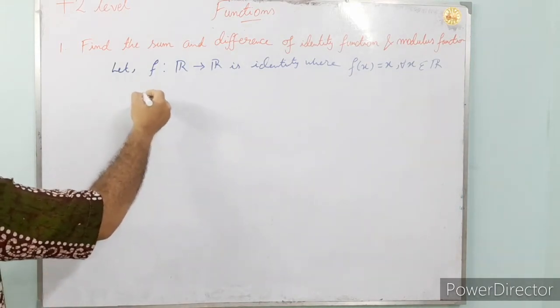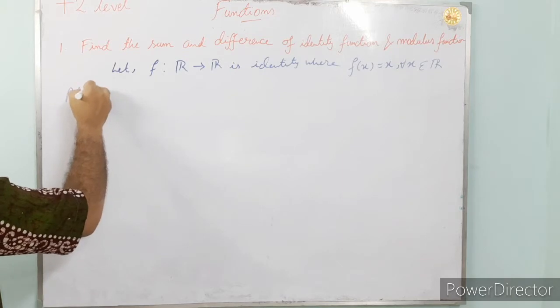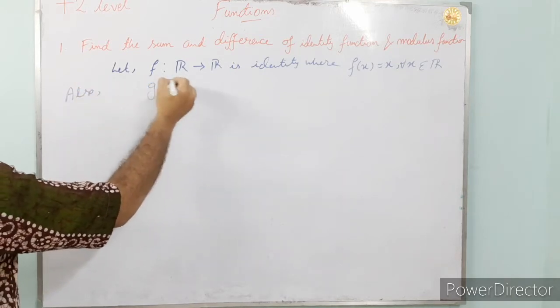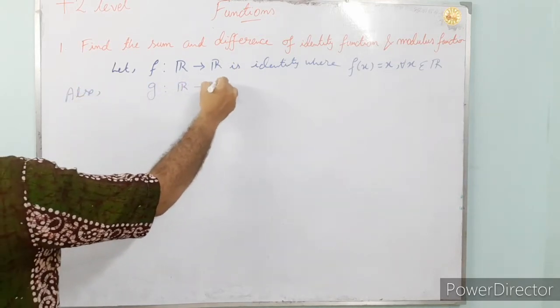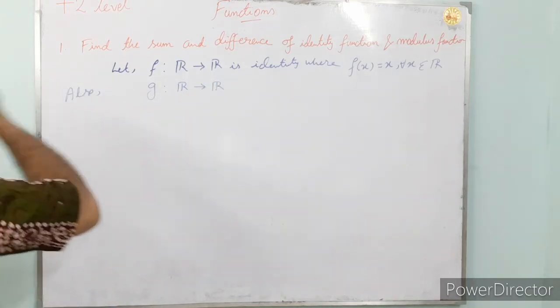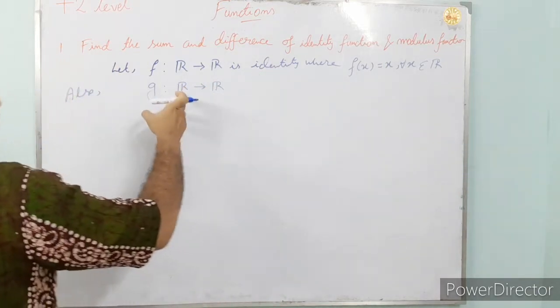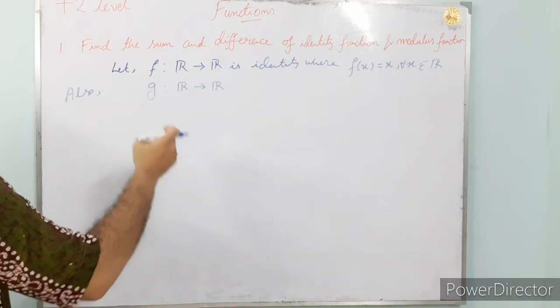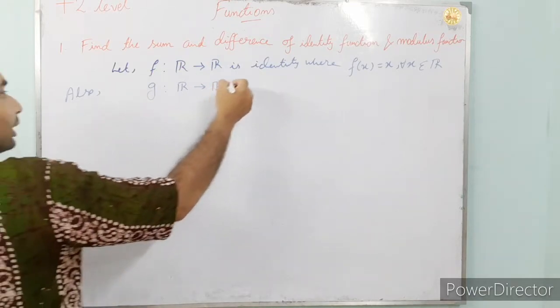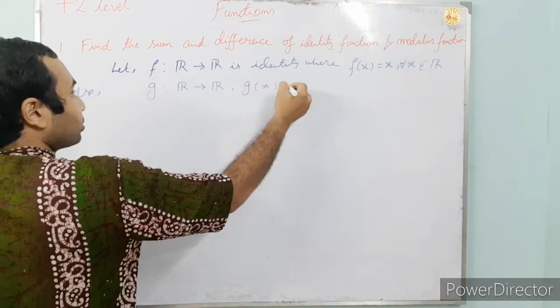I am also taking another function g from R to R, because the domain of the identity function and also the modulus function is R, the real number set, such that g(x) equals mod x.